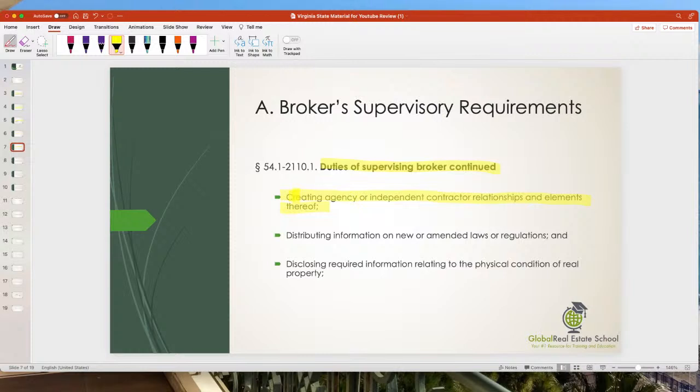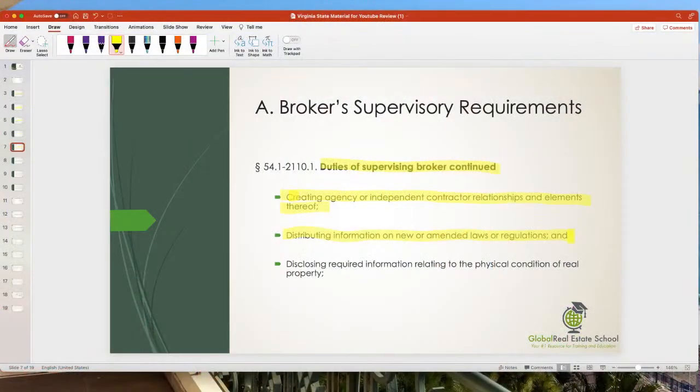You will also need to make sure that all of your agents understand and know when there are amended laws and regulations. Probably one of the biggest challenges I have as a broker is making sure that the agents know about new laws and issues that come up. It can be a little bit challenging sometimes when you have part-time agents and maybe some of those agents don't come by the office.